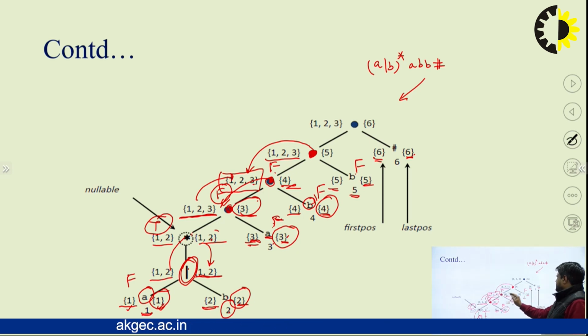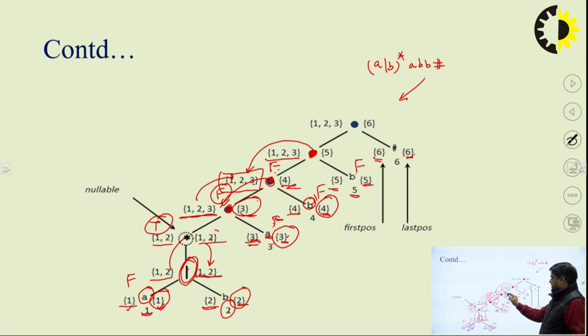Otherwise it will depend on this one and this one, if this is nullable. Similarly, the last position value of this can be computed with the help of this one, because it is not a nullable value, so you have directly copied it. The same process will be continued for this one. Is this false or true? It is false, so you have to copy this one. This is a symbol terminal, so it is false. So you can directly copy it to the last position, right?